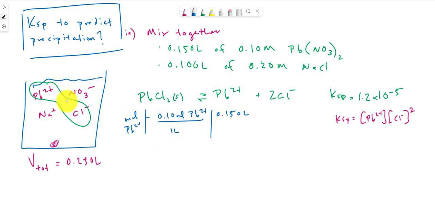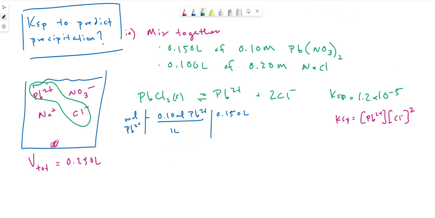So I can just figure out the moles of lead in this solution simply because I know that if I have 0.1 molar or moles per liter of the actual salt, then it's a 1-to-1 dissolution. That means I also have 0.1 moles of the lead 2 plus when it breaks apart per liter, but I only have 0.15 liters, so I would multiply that. That gives me the moles.